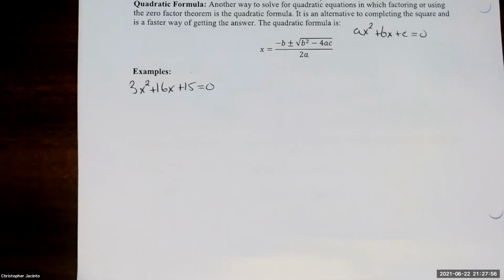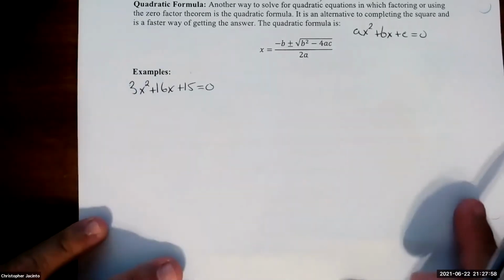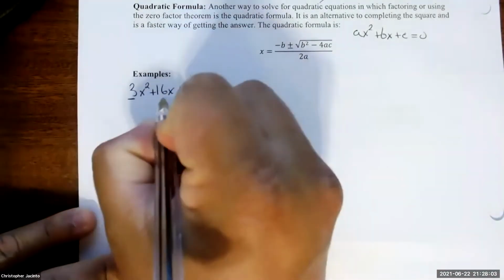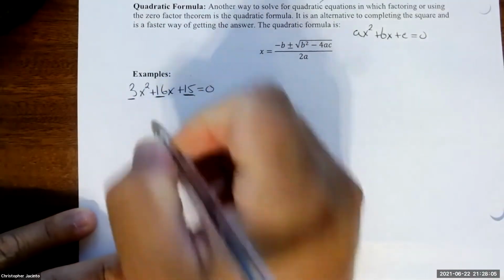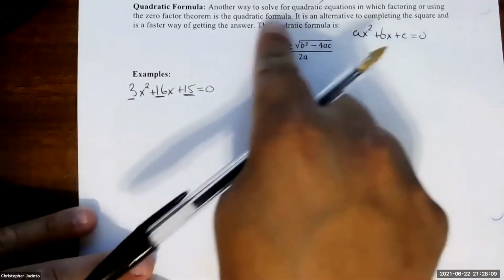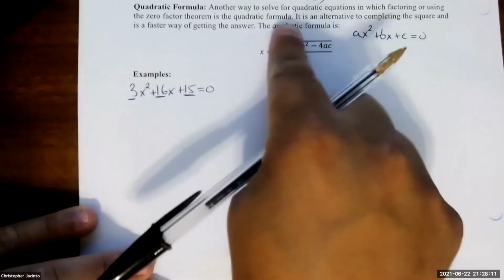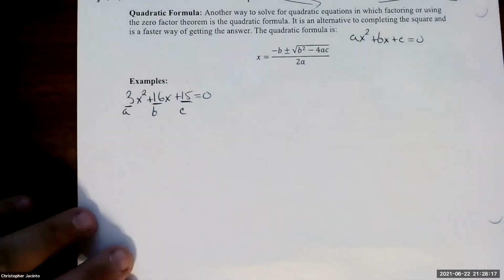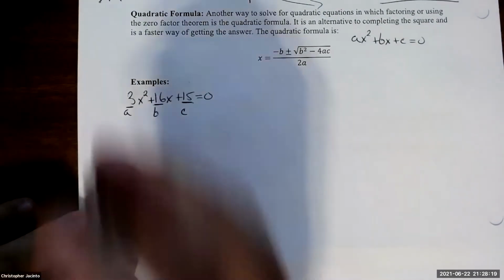So we want to use the quadratic formula. For the quadratic formula, all we need is the numbers in front of the x's and the single c. All we're going to do is plug each one in where it's supposed to go. So this is going to be A, B, and C.